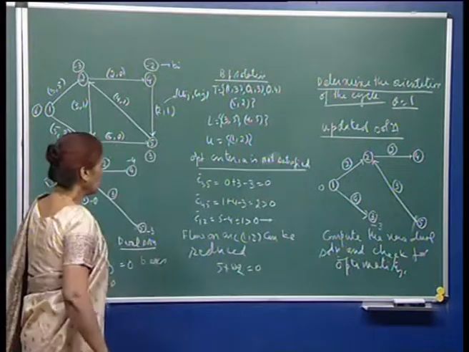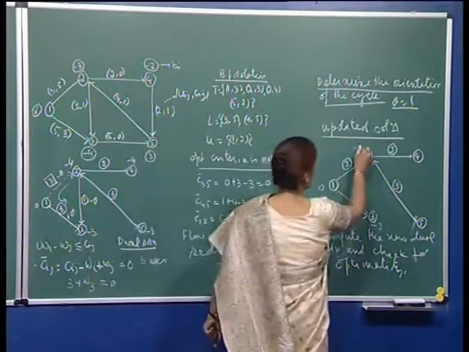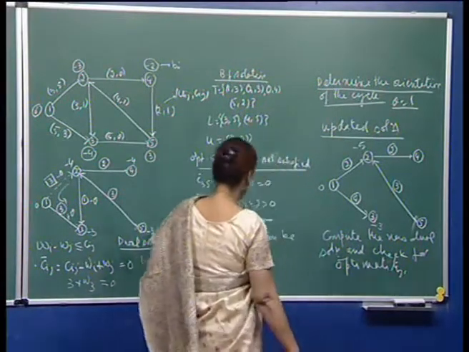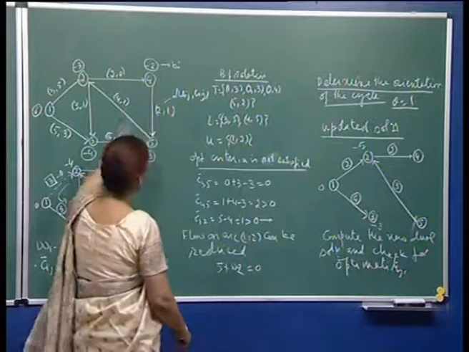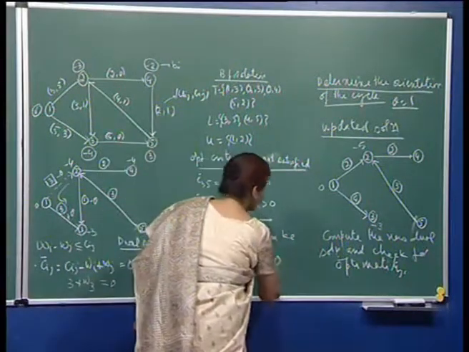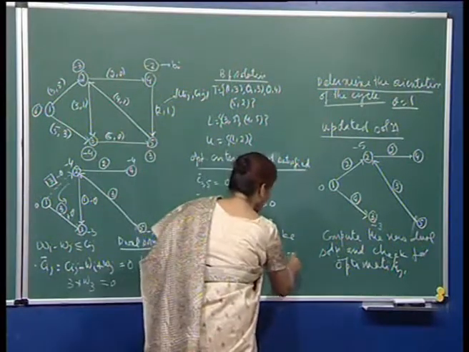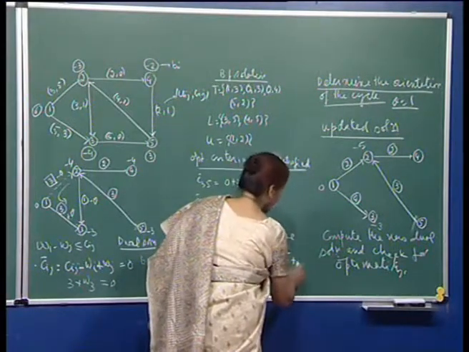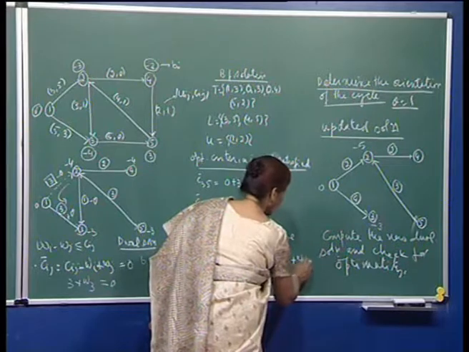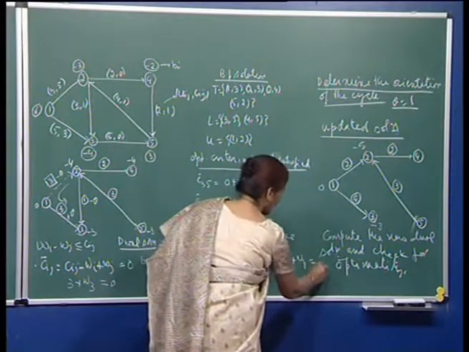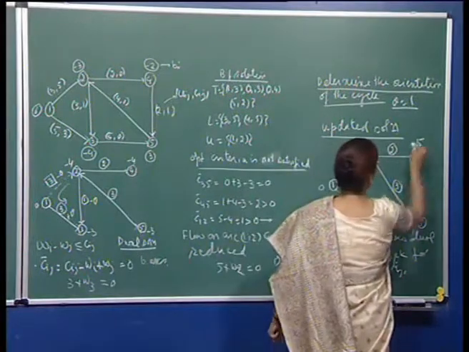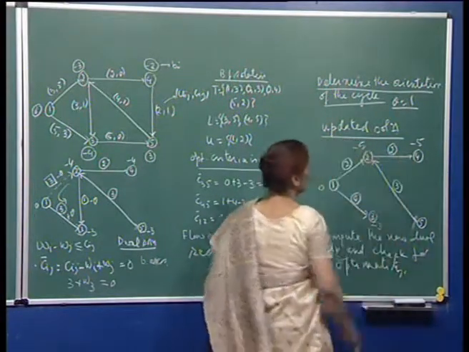So, W2 will be minus 5. And then for arc 2 4, what are the numbers? The cost is 0. So, 0 plus 5 plus W4 is 0, right. So, W4 is also minus 5, which makes sense because the cost C24 is 0, right.